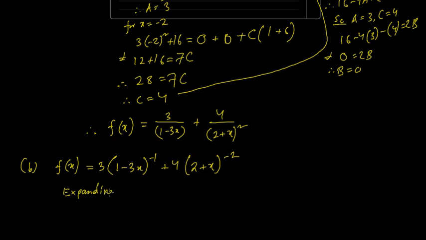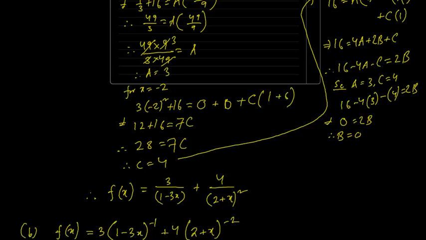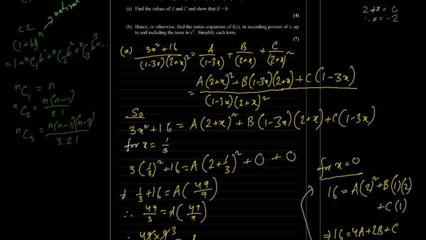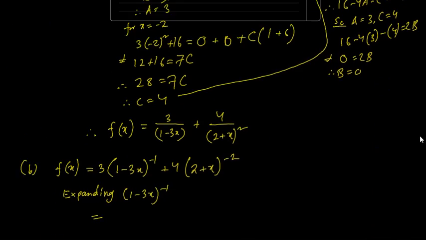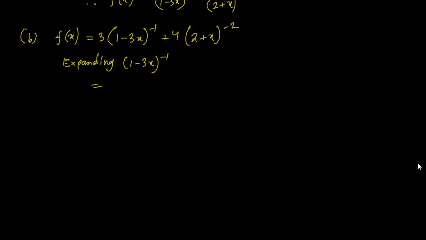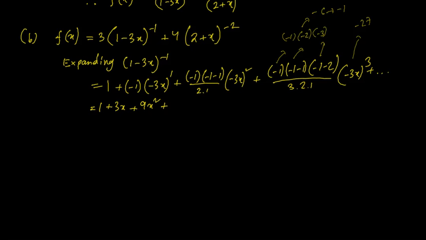Expanding (1 minus 3x) to the power minus 1. In the question they had asked to expand including the term x cubed. So this is going to be plus 27x cubed plus dot dot dot.